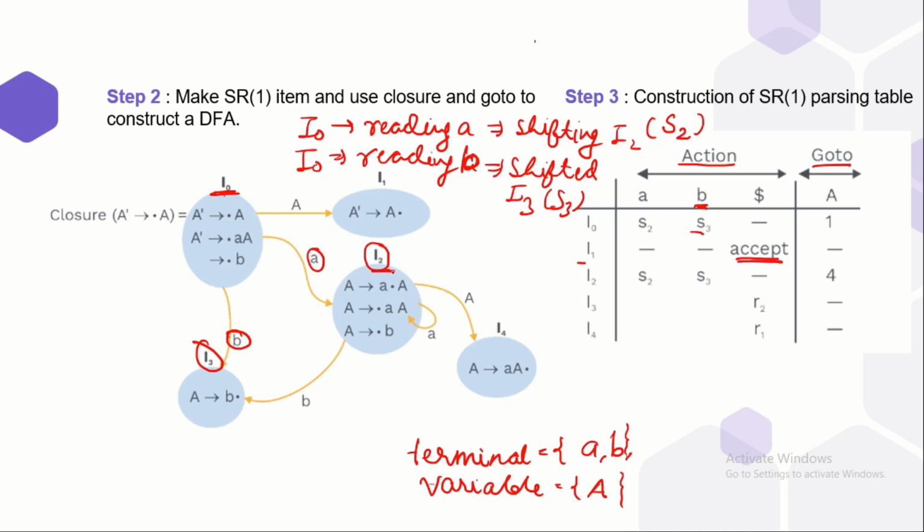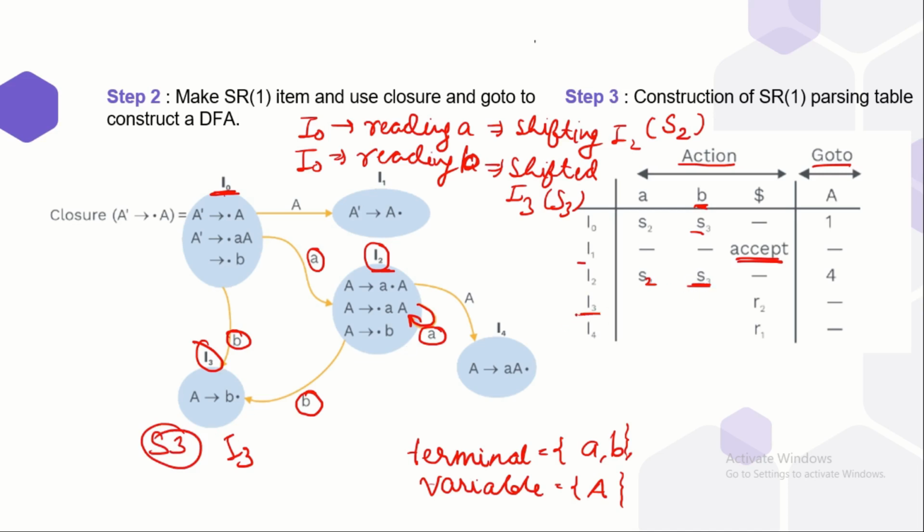I2 on reading small a is moving again back to the same state, and what is the number of the state? Second state. That's why it is S2. Similarly, I2 on reading small b is moving to state I3. Because it is moving to state 3, the term that we would write here is S3.